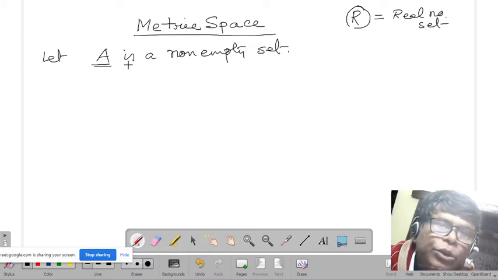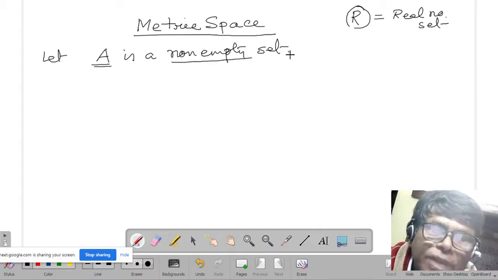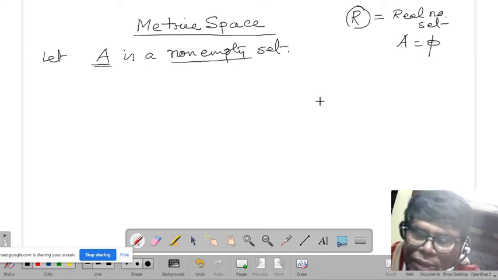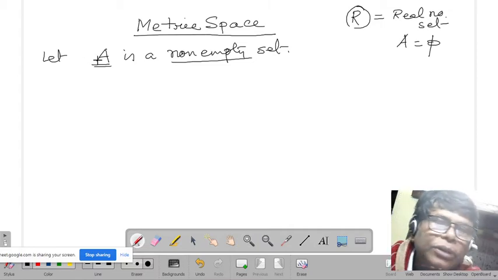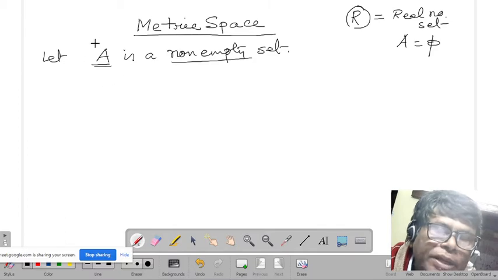So A may be R also. Now it is a set, it is non-empty, that means A is never equal to phi. Phi is the null set.